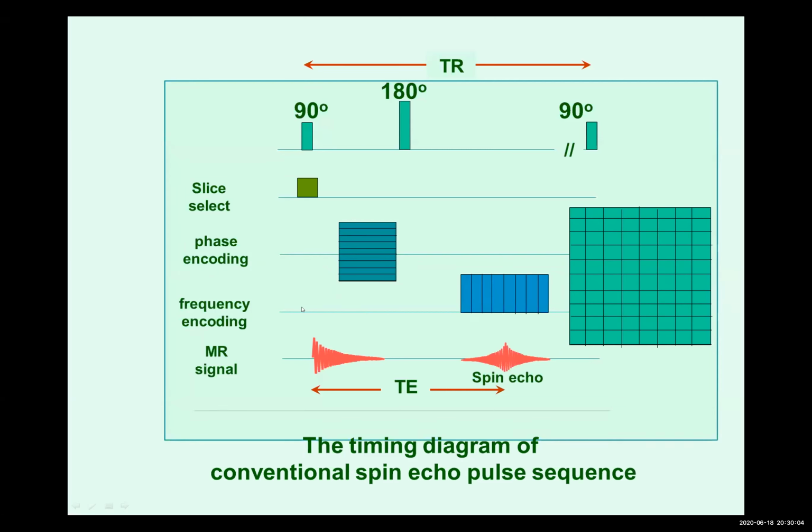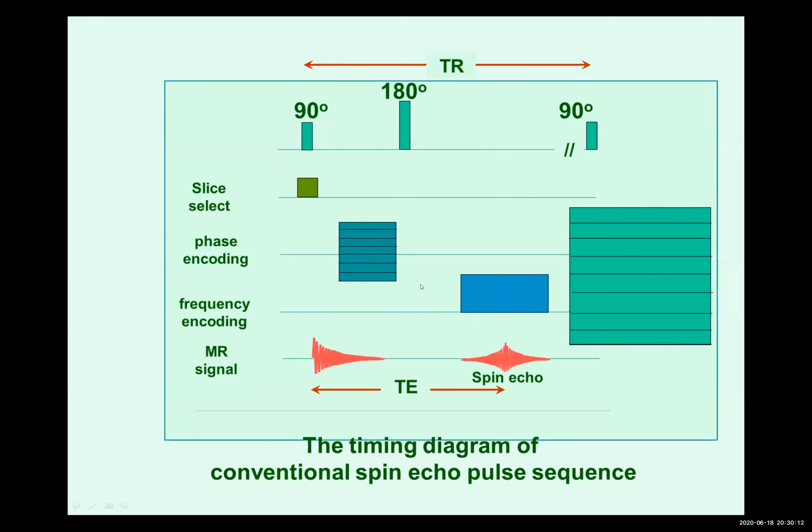For example, if you have 128 lines in your image, the time will be doubled if you have 256 lines. So this is one of the obstacles in resolution: we cannot go very high in our resolution because it directly affects your scan time.